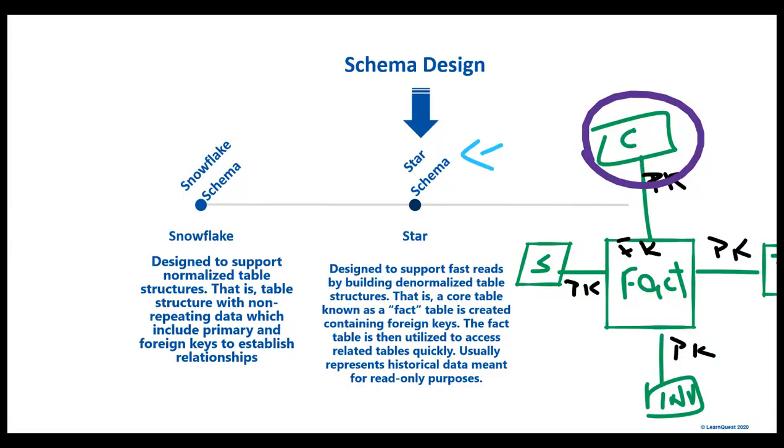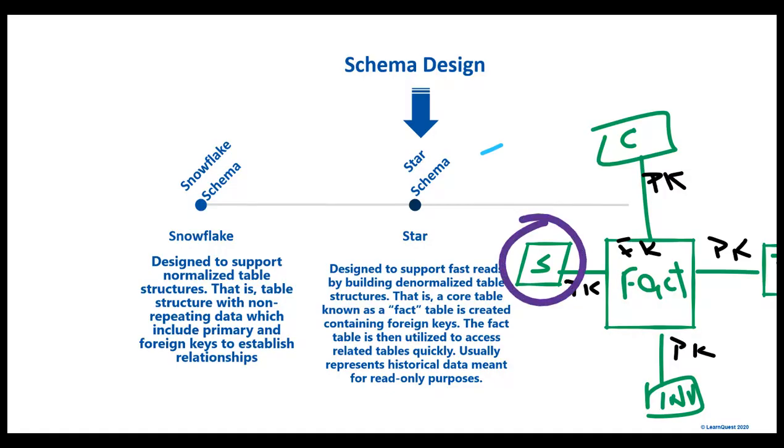And that one hop essentially means that from the fact table, you only need to jump one table or one relationship to reach the table you want. So it is meant for fast reads.